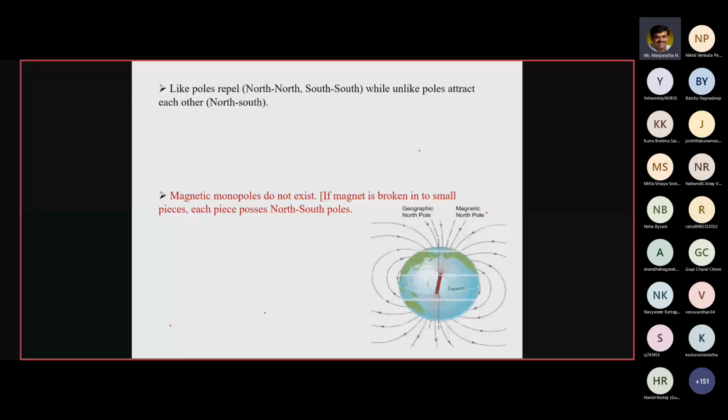Today we can say all these things in a fraction of a minute, but to understand why Earth is behaving like a magnet, and the parameters relevant to the magnetic field of the Earth, took time. They came to know that what they called the North Pole is towards the magnetic South Pole of the Earth, and what they called the South Pole is towards the magnetic North Pole of the Earth.